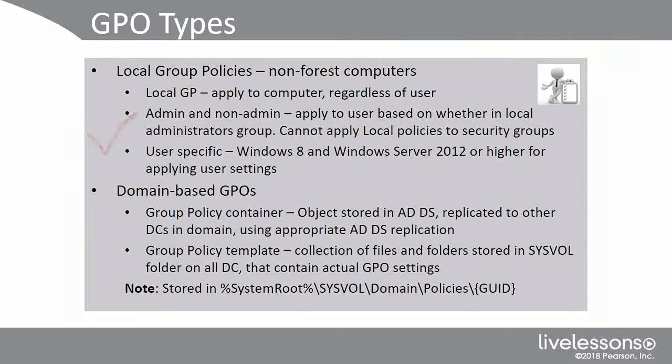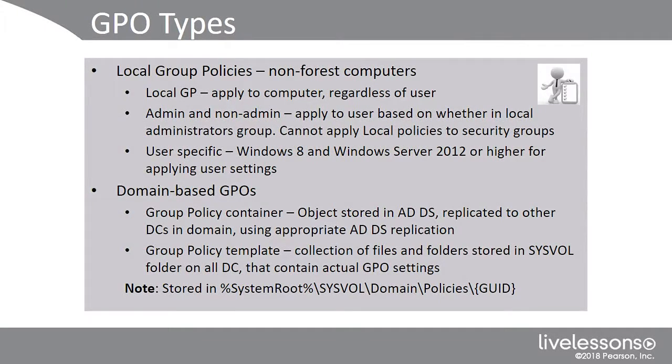Now, comparing those to the domain-based GPOs, we have a group policy container, which is the object stored in Active Directory services. This is replicated to all the DCs in the domain using the ADDS replication we previously talked about. We also have a group policy template. These are extremely powerful because instead of starting everything from scratch, I can create a template, and that template can contain most of the preset configurations I want for everyone anyways, and then I can tweak the GPO based on where I want to apply that GPO.